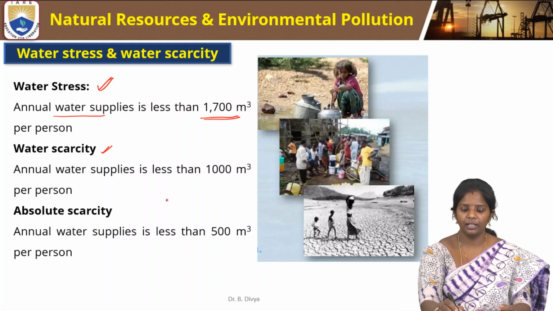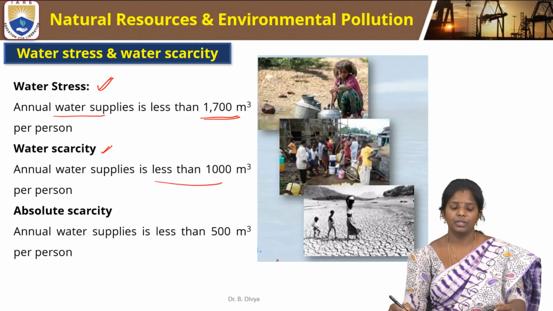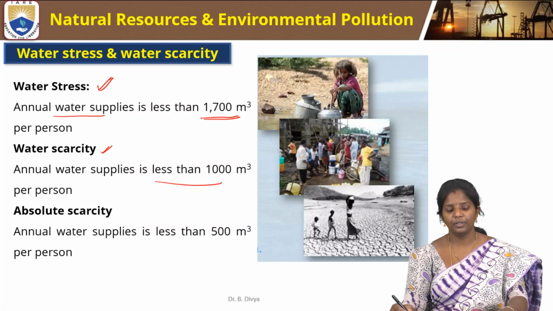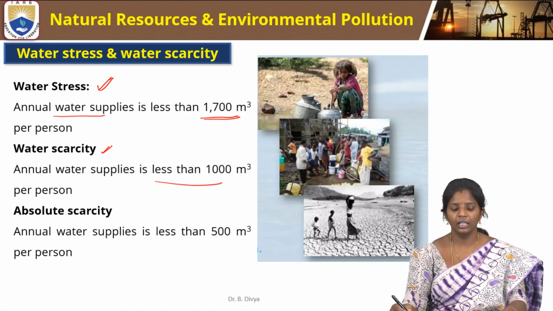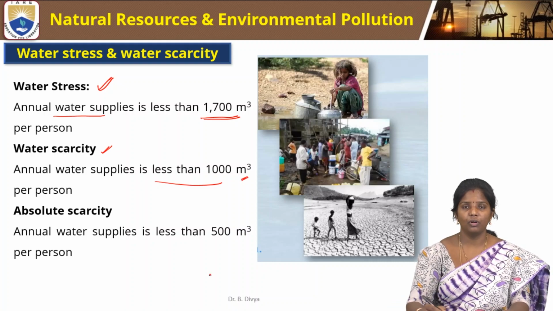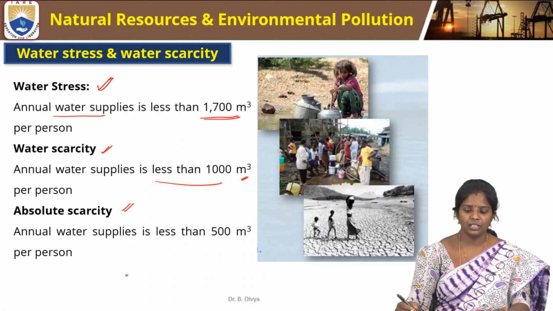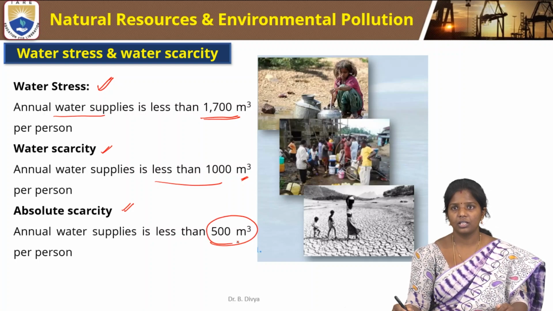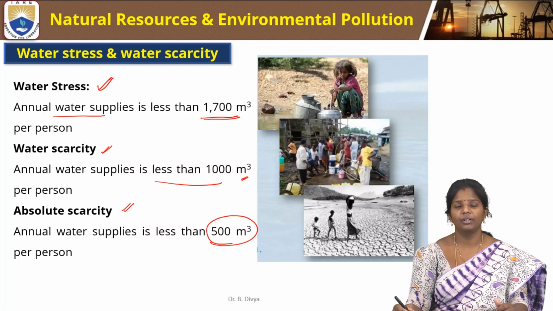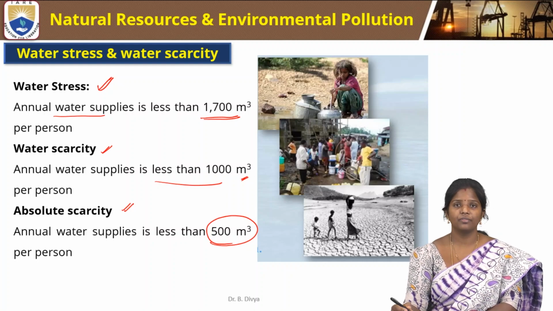When the annual supply is less than 1000 cubic meters per person. So when a person is unable to receive at least 1000 cubic meters of water per year, the country is under scarcity. And absolute scarcity happens when it is less than 500 cubic meters per person. This is how scarcity is defined, and drought conditions will occur because of water scarcity.